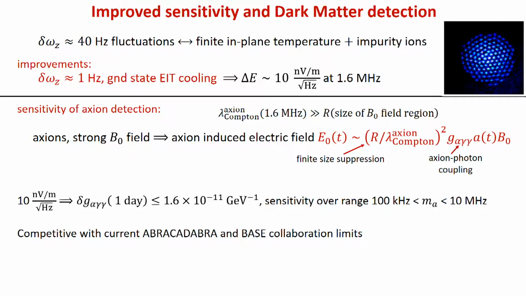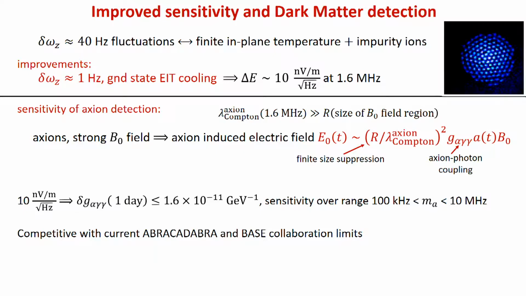Nevertheless, taking this second order suppression into account, we think this 10 nanovolts per meter per second sensitivity translates into setting a limit of 10 to the minus 11 inverse GeV on the axion-photon coupling parameter. And that's competitive with current ABRACADABRA and the BASE collaboration limits.